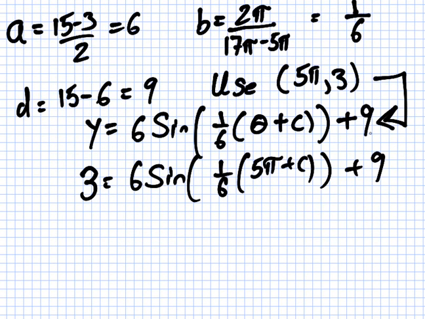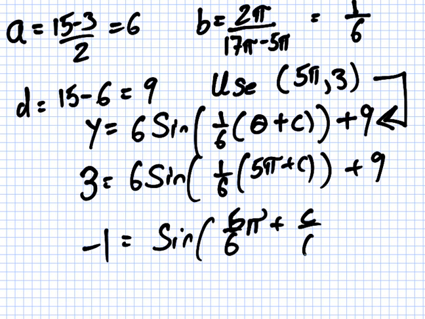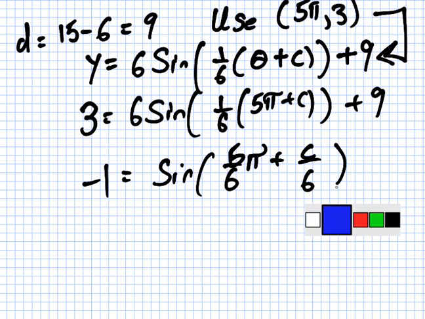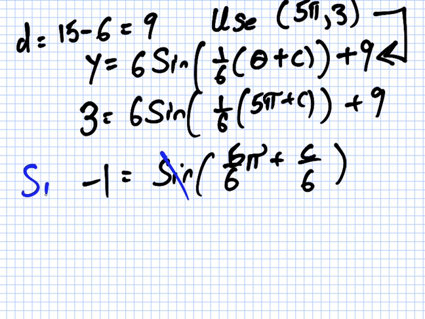Take the 9 to the left. 3 minus 9 is minus 6. Divide by 6, so we get minus 1 is sine of 1 over 6 by 5 pi, so 5 over 6 pi plus C over 6. Now we put sine inverse on both sides, and make sure your calculator is in radian mode. Sine inverse of minus 1 is minus pi over 2.